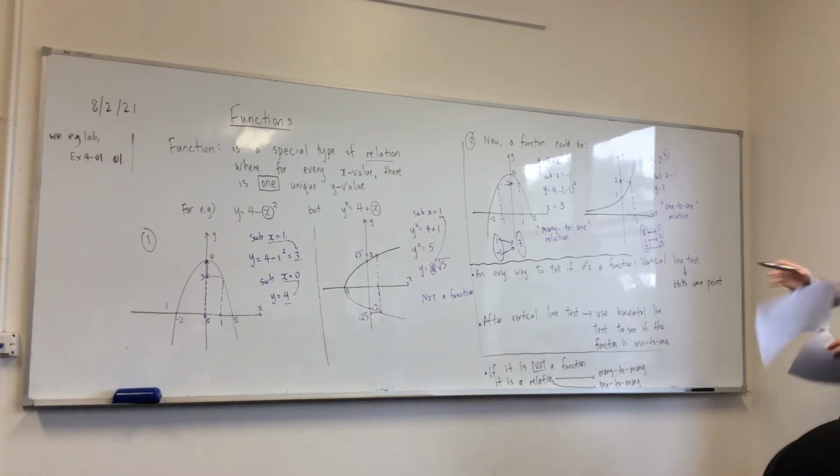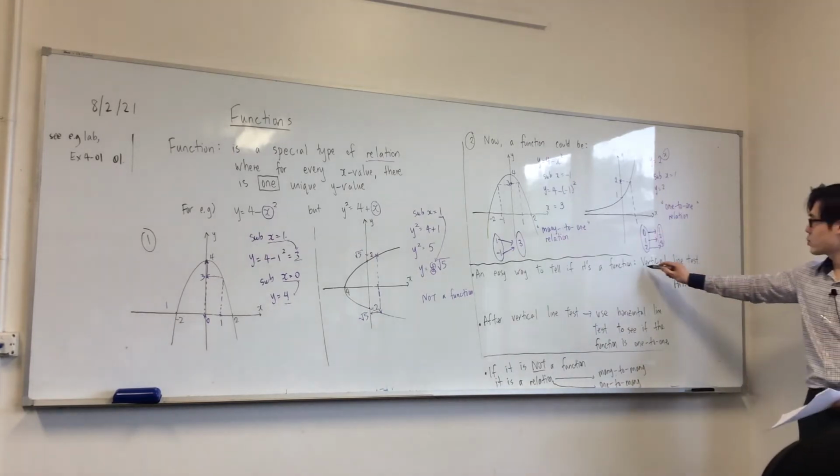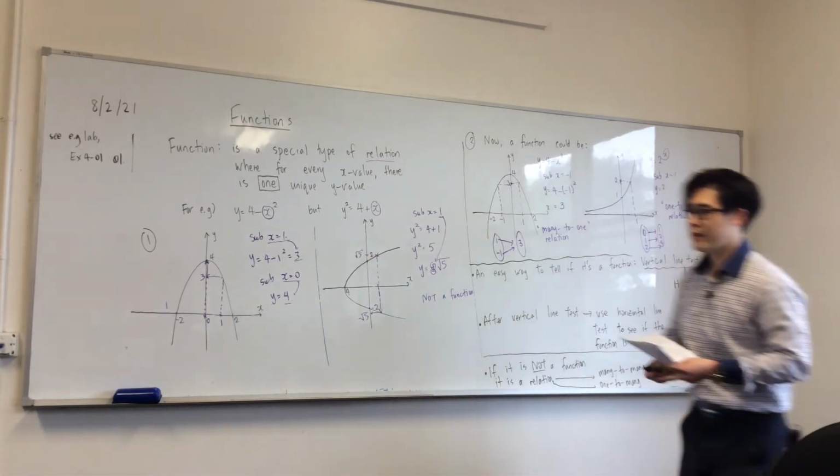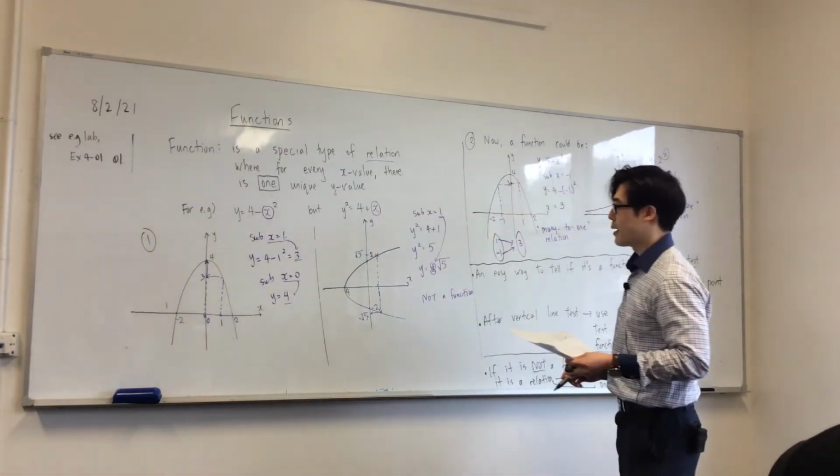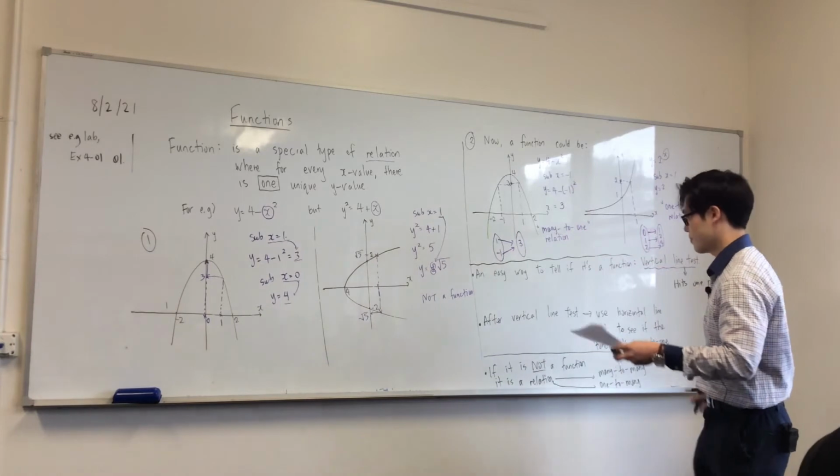Now, how do you tell graphically if it is a function instead of having to do all this? It's what's called a vertical line test. Okay, let me get a different colored pen. Actually, I'll just use black.